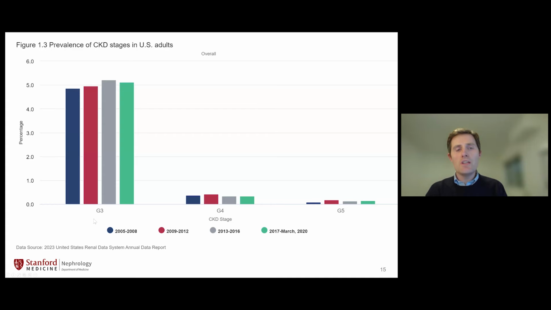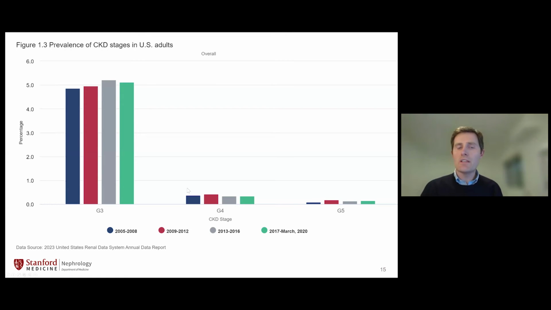So stage 3 disease, you can see here, stage 4 CKD here, stage 5 CKD here. And this just gives you a time, 2005 to 8 in blue, 9 to 12 in red. You can just see the time kind of increasing as you go across the bar graphs here. So as I say, most of chronic kidney disease is in the earlier stages, stage 3.